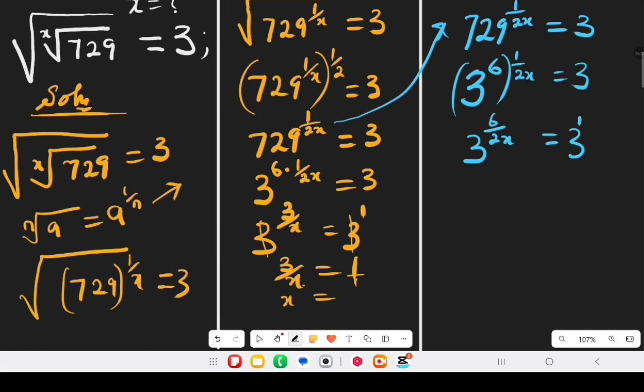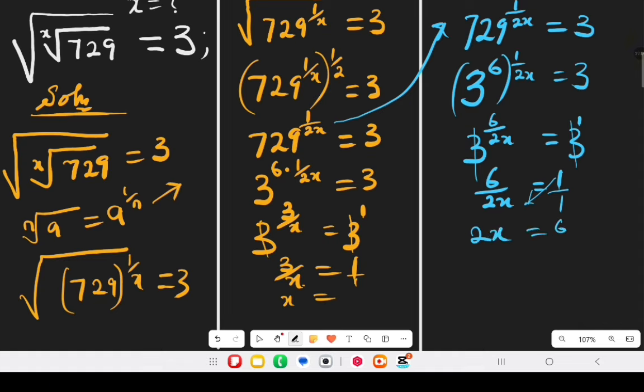And when we compare the base and the power, the base will go, left with 6 all over 2x equal to 1. At this point, we have to cross multiply. The 1 here is over 1. When we cross multiply, we have 1 times 2x gives us 2x, and 6 times 1 gives us 6.